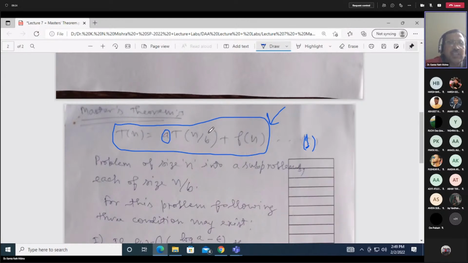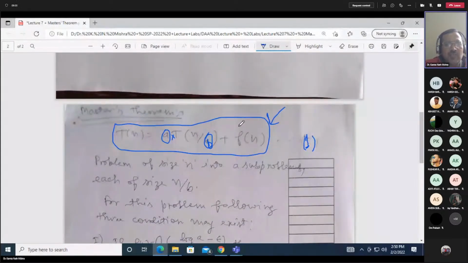You see, a and b are the constants. Better to call them constants. So a is the multiplicative constant, this is a into T(n by b), and b is the dividing constant.